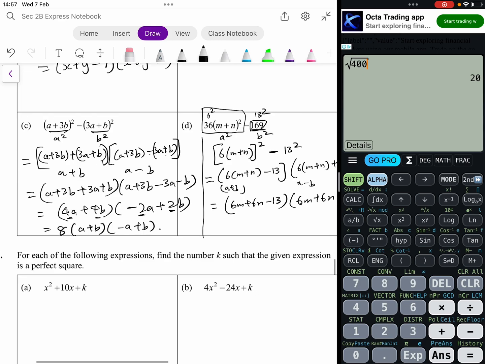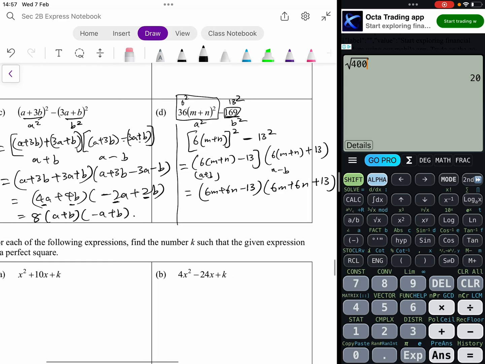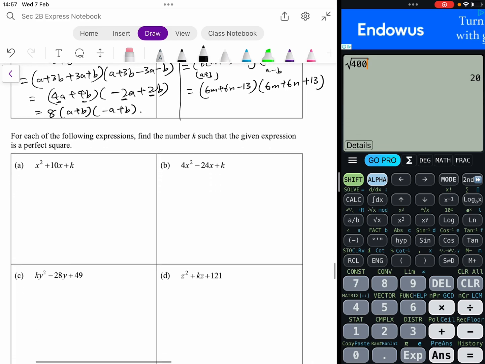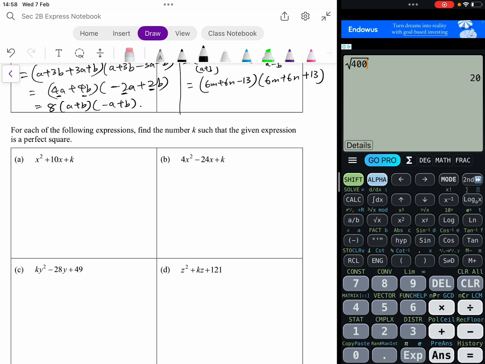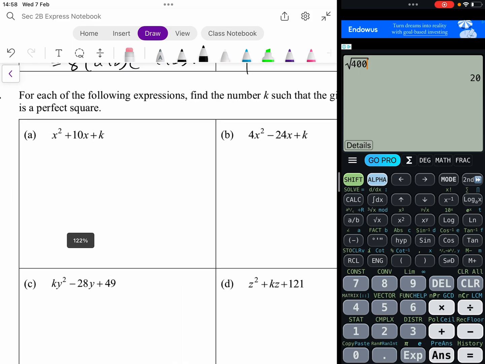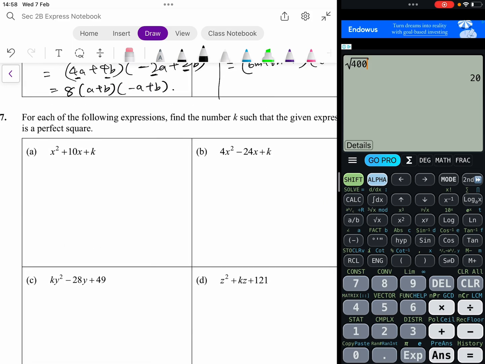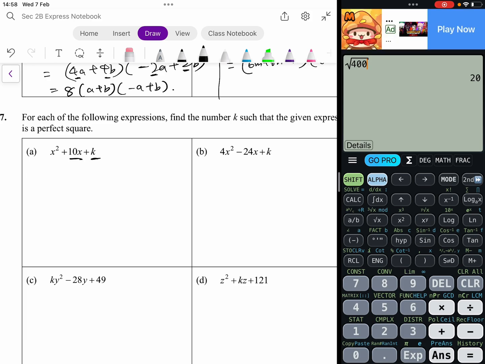Okay. Hopefully you're able to understand so far. Okay, for each of the following expression, find the number k such that the given expression is a perfect square. Okay, so this will be challenging because we need to use the center number to find k, right? So remember your center number is 2ab, right?